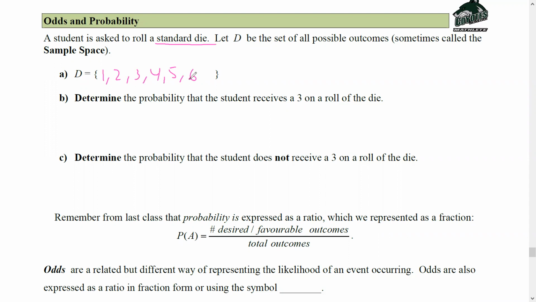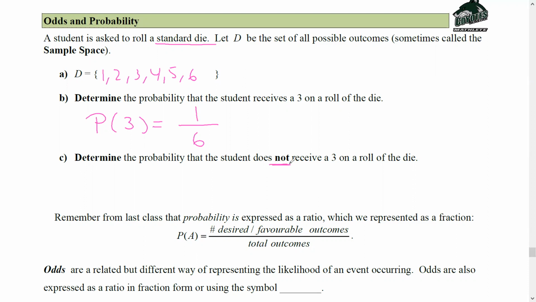Determine the probability a student receives a 3 on the roll of a die. So that's P(3). Well, there's 6 outcomes, and there's only 1 outcome I want, a 3. Determine the probability the student does not receive a 3.